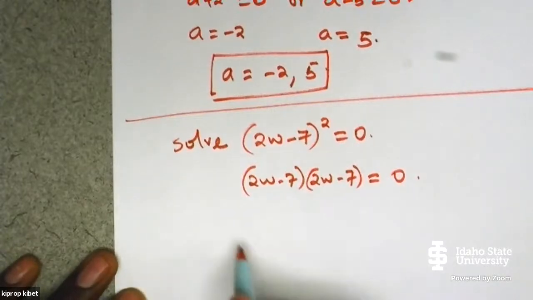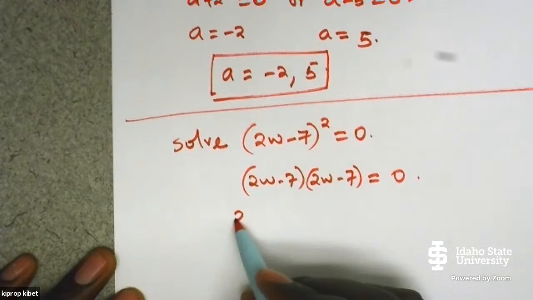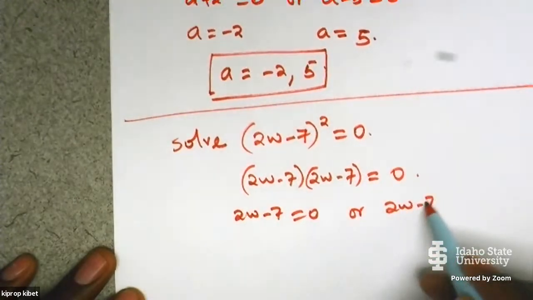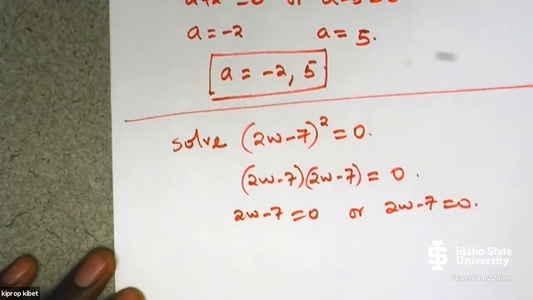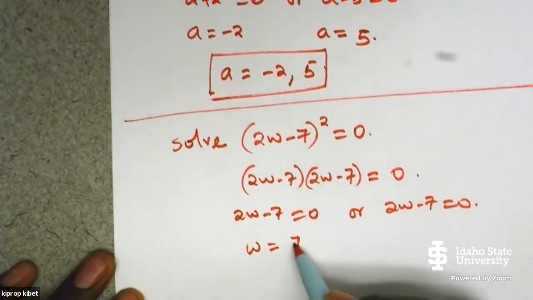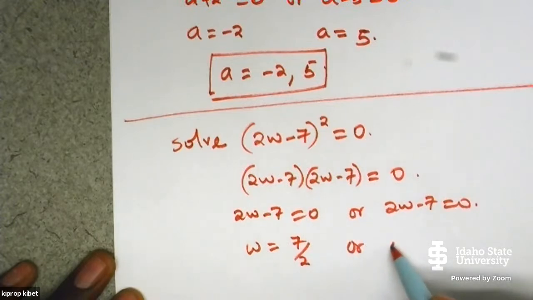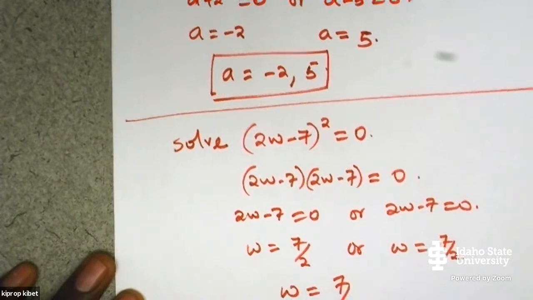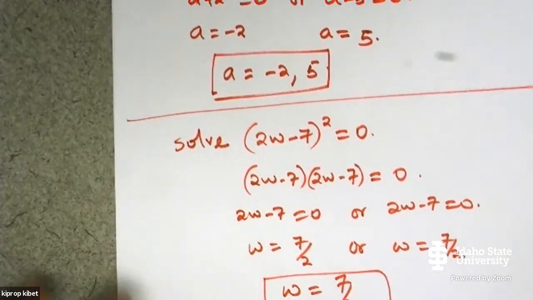So therefore, using the zero product property, 2w - 7 equals 0, or 2w - 7 equals 0. Then our w will be 7 over 2, or our w again 7 over 2. So our w equals 7 all over 2. Are we together?